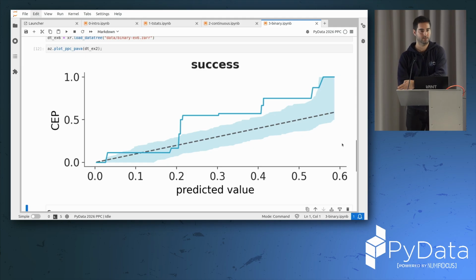So the bar cannot go above this, and the axis in this plot will be the minimum and maximum of the success probabilities for our predicted values and for observed values. If we apply this, as we will do later, to discrete data, the minimum and maximum will be, if it's negative binomial or something like that, the minimum and the maximum of the values that we can take, and it will ideally be a straight line between them.